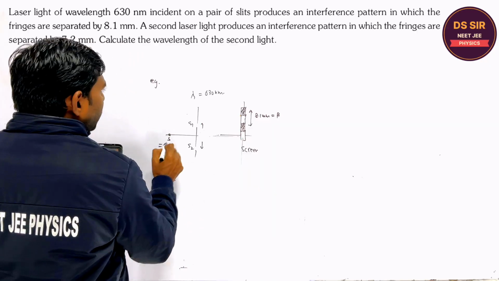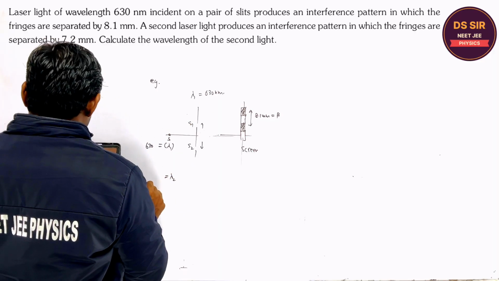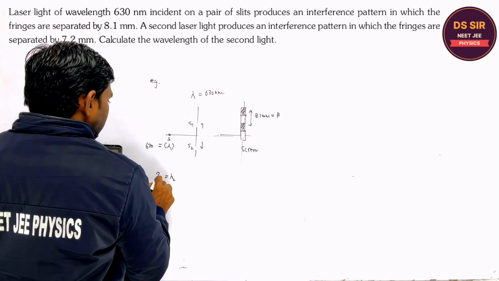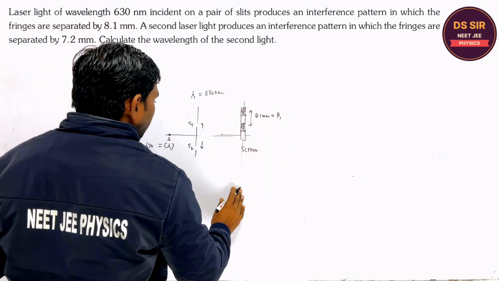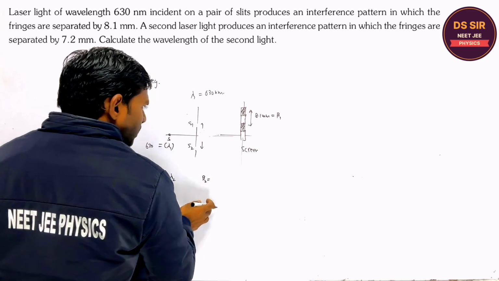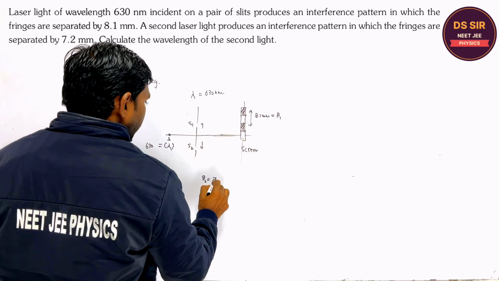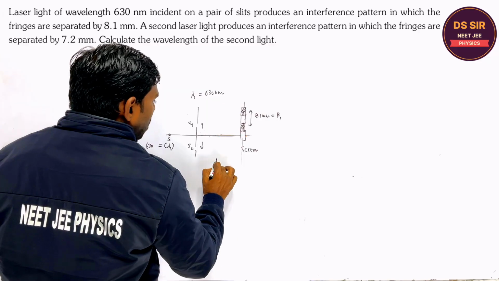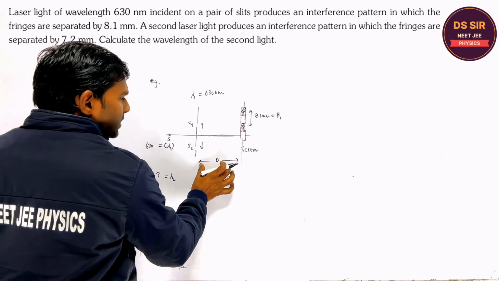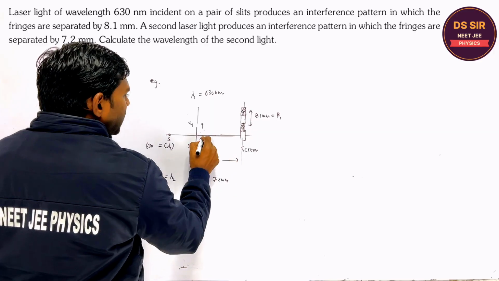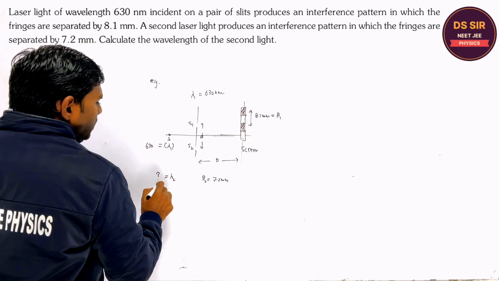Lambda 1 is 630, and lambda 2 we have to find. Here this is beta 1, and for the second laser light beta 2 is 7.2 millimeter. The experiment setup remains the same, that is capital D and small d remain the same, only the wavelength changes.